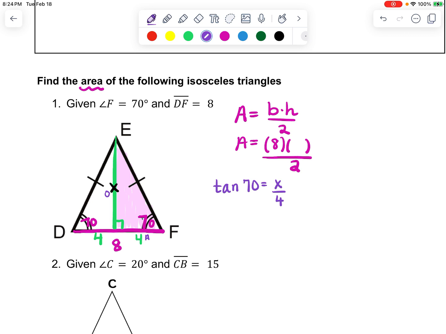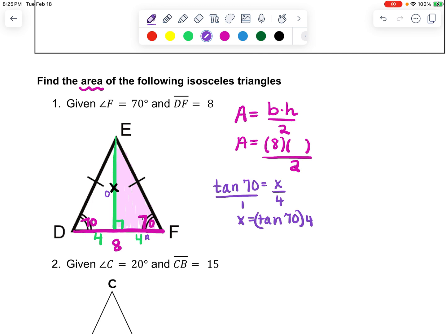So right now I want you to solve that. Yes, use your iPad, use your calculator, go get it out. I'm getting mine out. Okay. So if I do that, put that over 1, and I get x equals tangent of 70 times that 4.